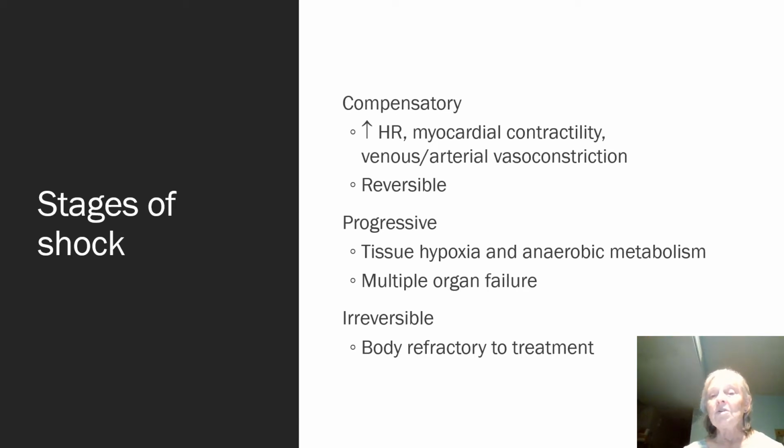And now we're going to start to see multiple organ failure, okay? This is the systemic shutdown in the body. And then unfortunately, if we don't get to you in time, it's irreversible. The body is refractory to whatever's happening at this particular point. And as a result of it, nothing is going to work. Okay.